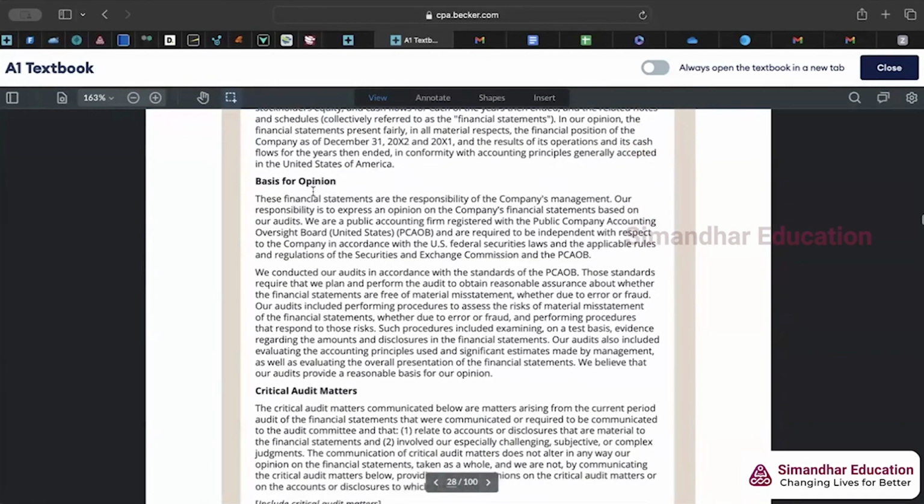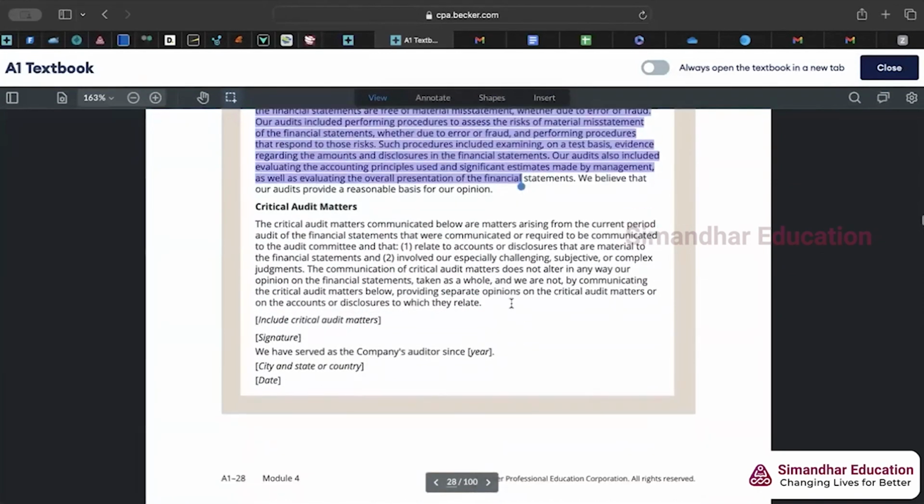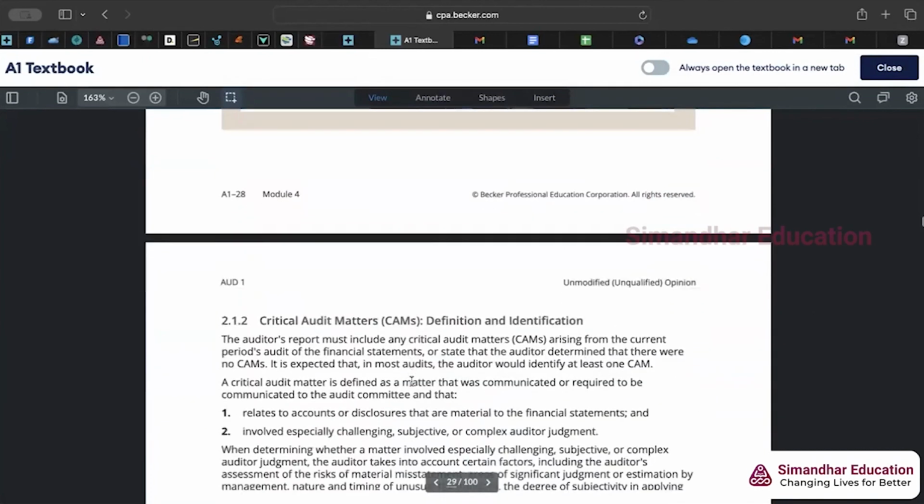Basis of opinion. These financial statements are the responsibility of the company's management. Our responsibility is to express an opinion. The audit was conducted in accordance with PCAOB standards and we are registered with the PCAOB, independent in accordance with SEC and PCAOB. The next paragraph will just state the procedures performed. Critical audit matters, signature, serving the company since so and so, and city and date.